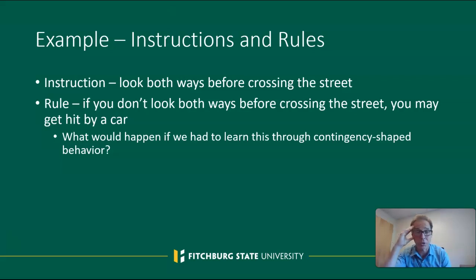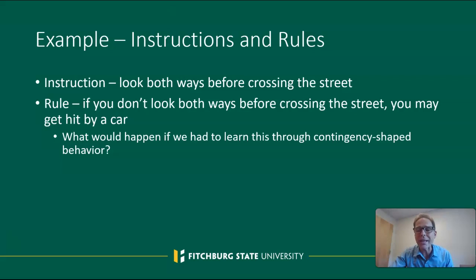We've got the instructions of look both ways before crossing the street. We've got the behavior of if you don't look both ways before crossing the street, you step out into the street without looking, the consequence, you may get hit by a car. Now, this is an example of one of those situations where it's actually unlikely that consequence is going to take place, right? There are lots of times that somebody could step out into the street without looking both ways and not get hit by a car.